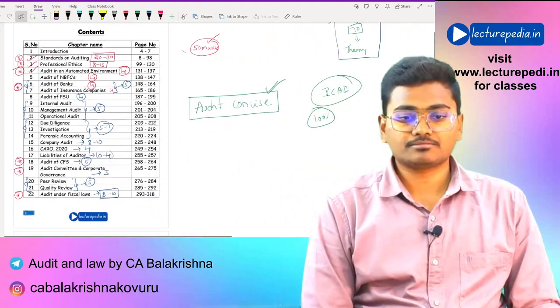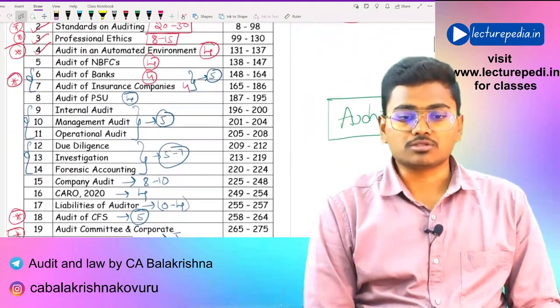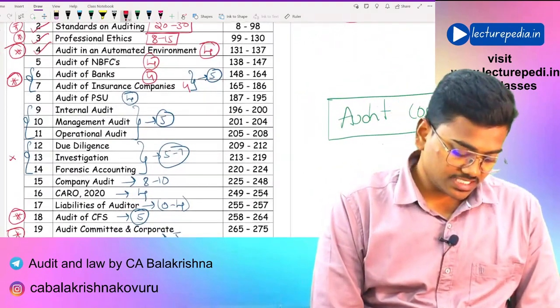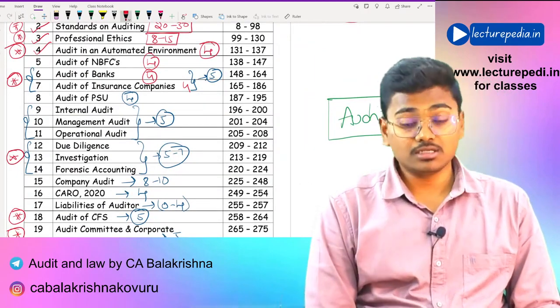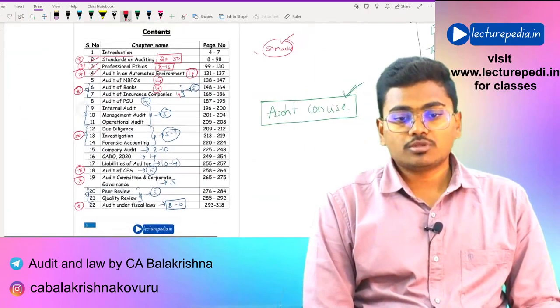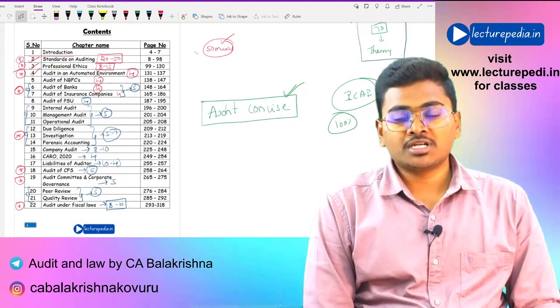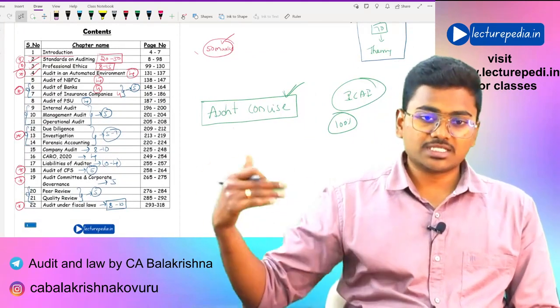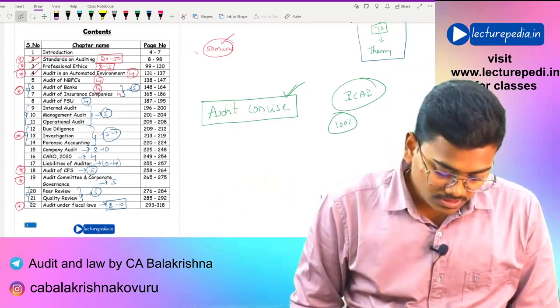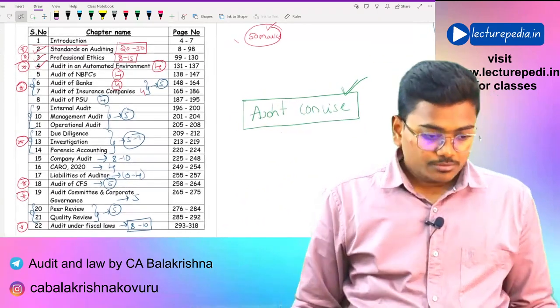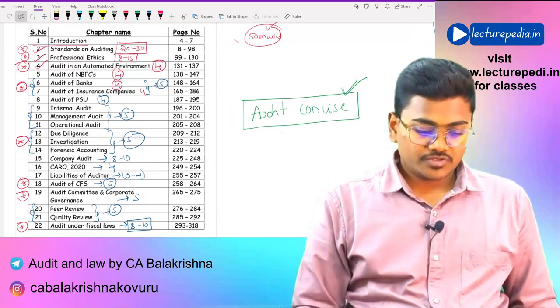And due diligence, investigation, forensic accounting is also there, from that. So from these chapters, for sure in every attempt you can expect a question. This is based on trend. So in brief, this is the weightage of the chapters.